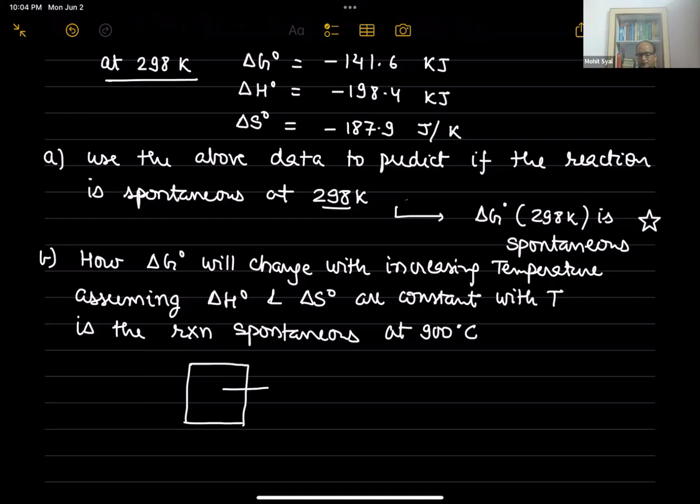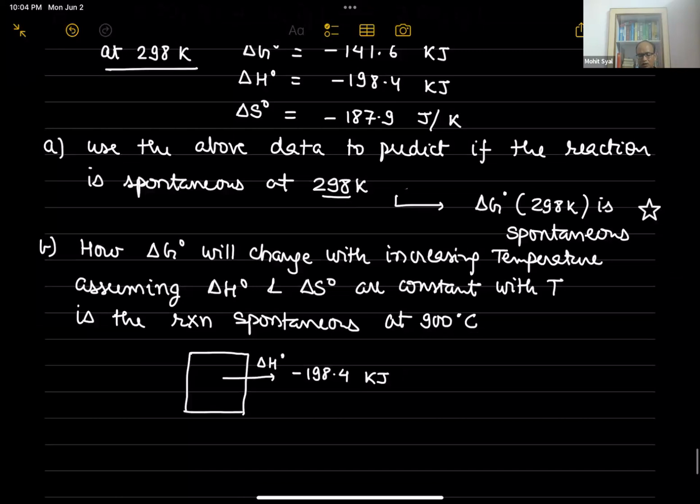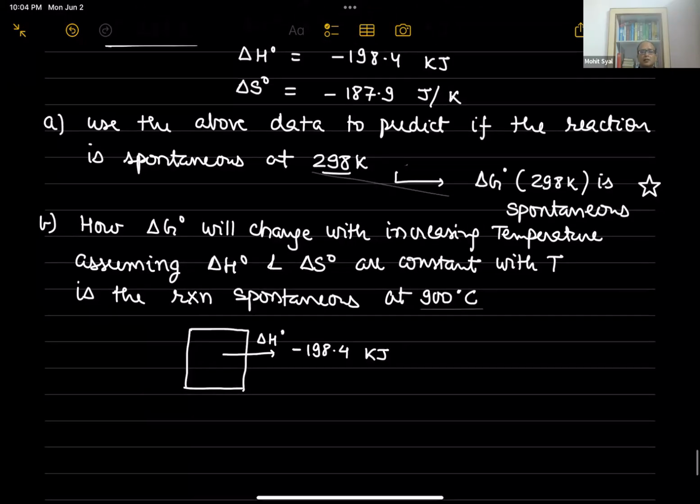Delta H is minus 198.4 kilojoule per mole of reaction, which means it is giving off heat. This much heat is given to the surroundings.